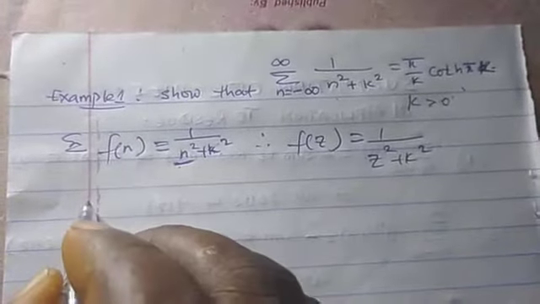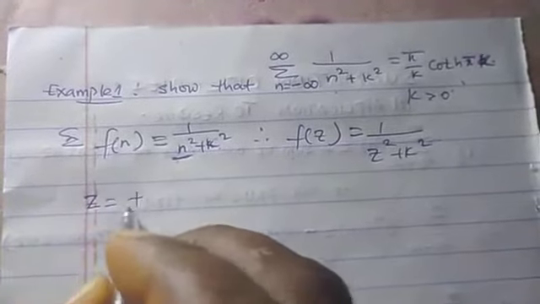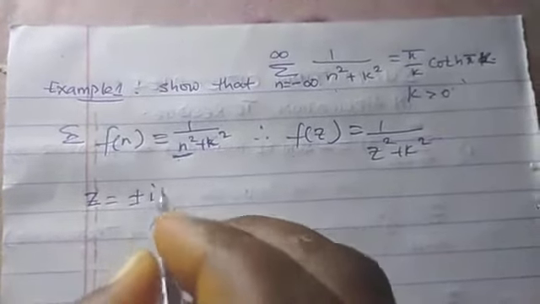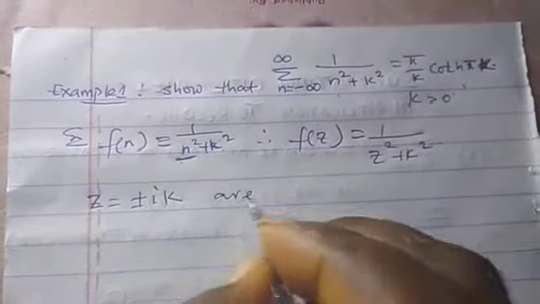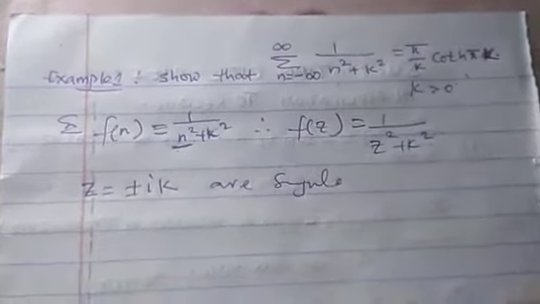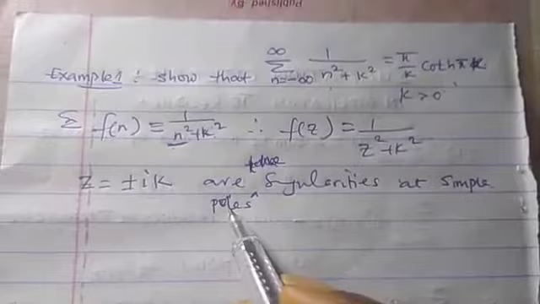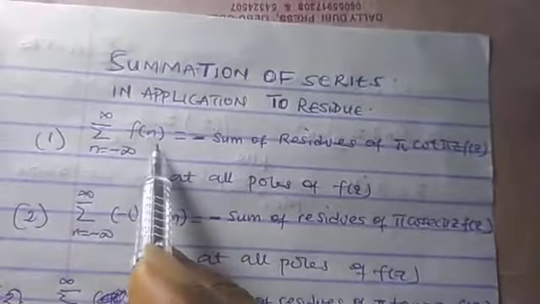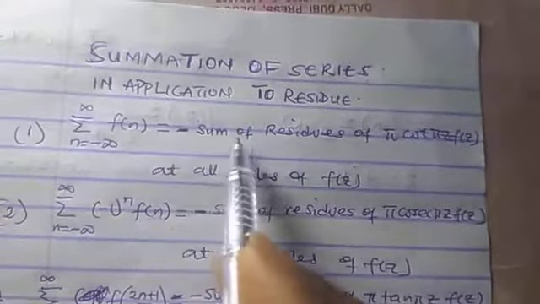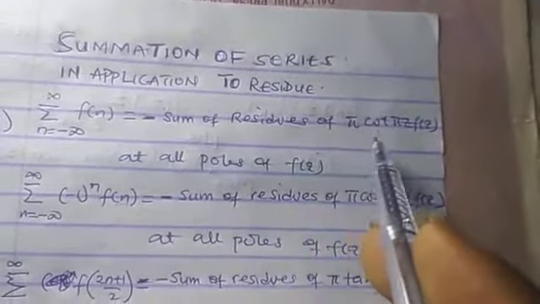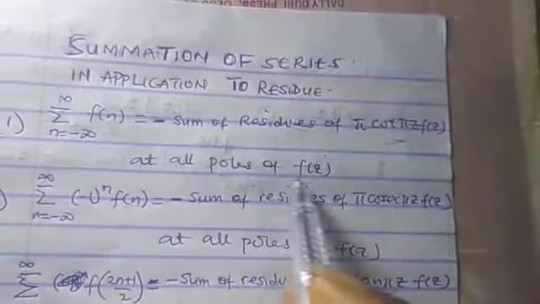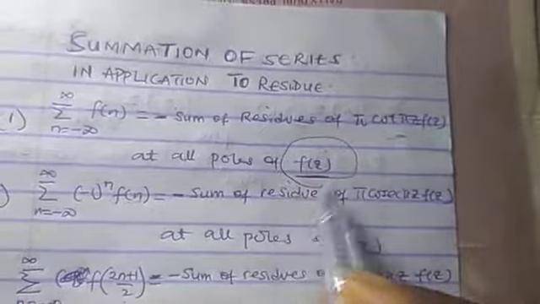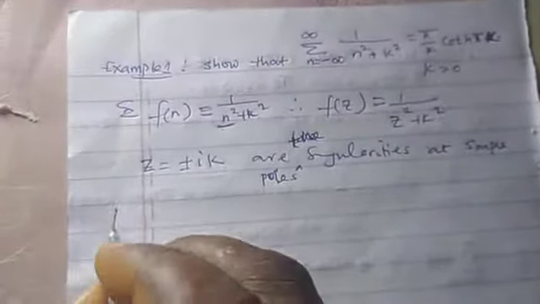So from this place now, z is equal to plus or minus ik at the singularities, at simple poles. Now from what we said here, if you are given f of n, then the solution is minus summation of residue of pi cot pi z at all the poles of f of z alone, only f of z. Now in that case, we need to find the residue.